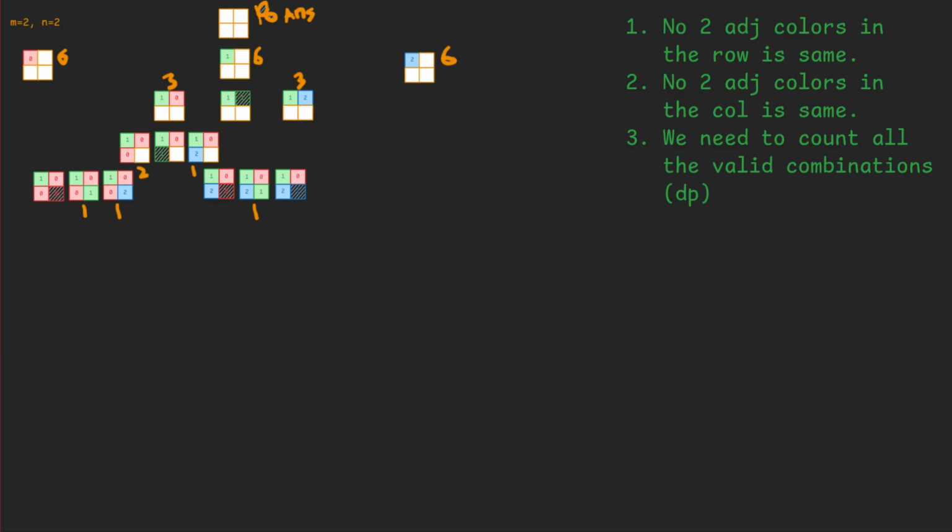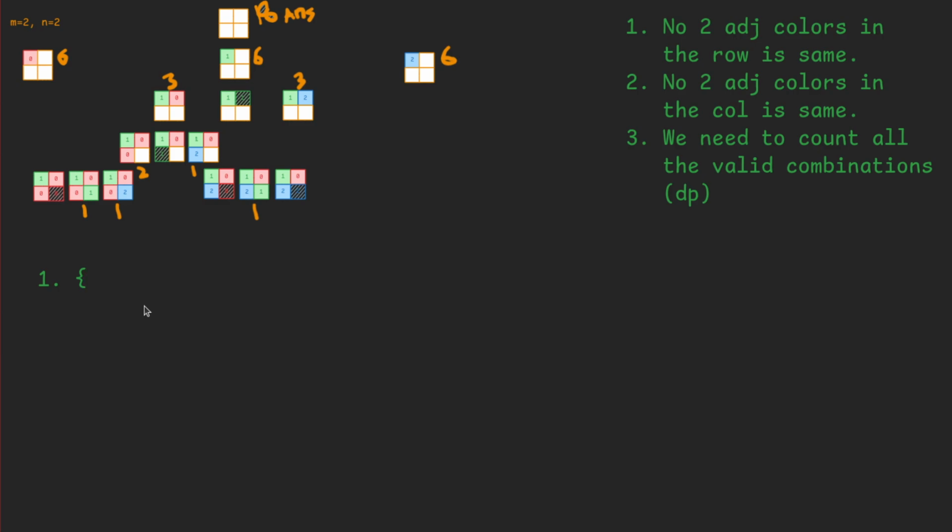So let us move to the coding part. So let us say that no two adjacent columns in the same row are the same, right? And for that we need to find something like this.